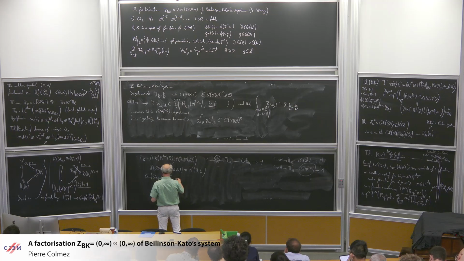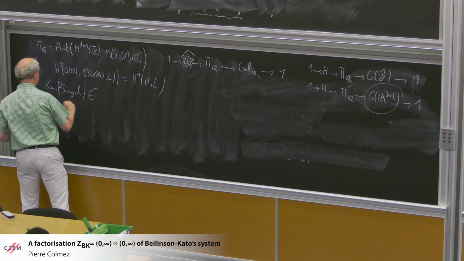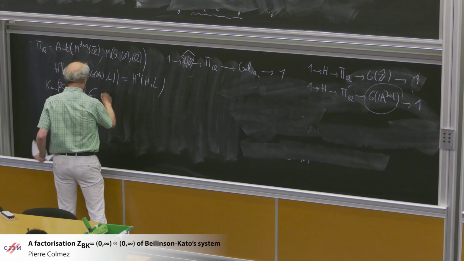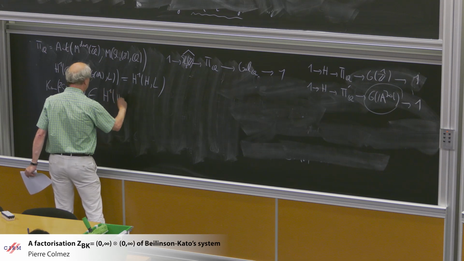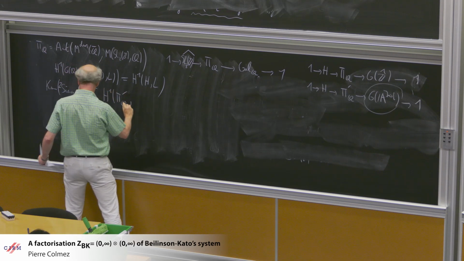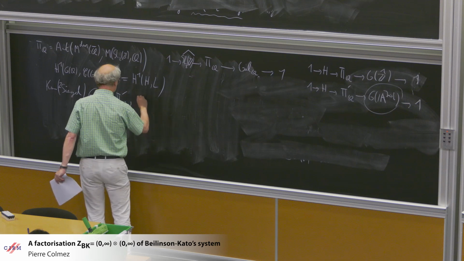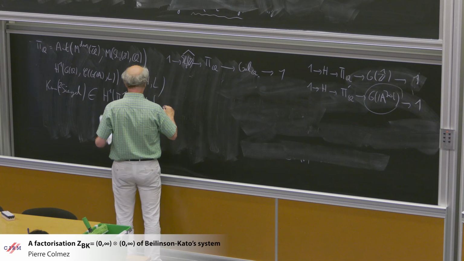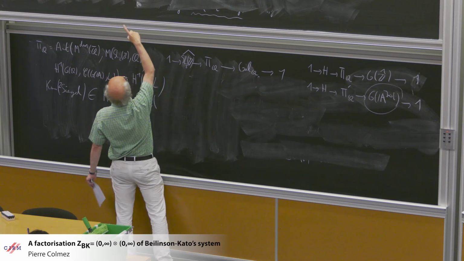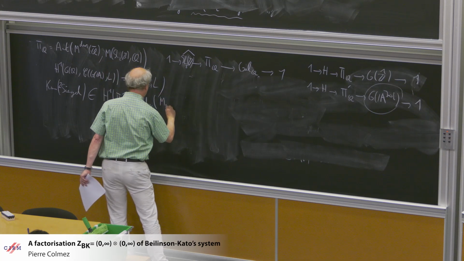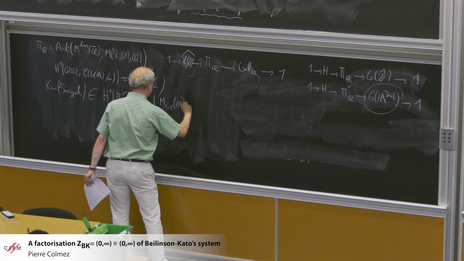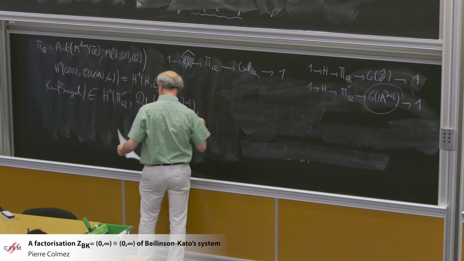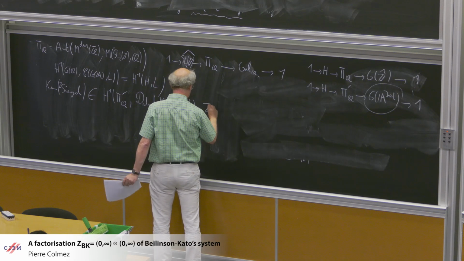And what you obtain, sorry, Z Ziegel, you obtain an element in H1 of pi Q prime with values in the algebraic distributions over the same space as over here, M21 of A infinity, with values in ZP of 1.